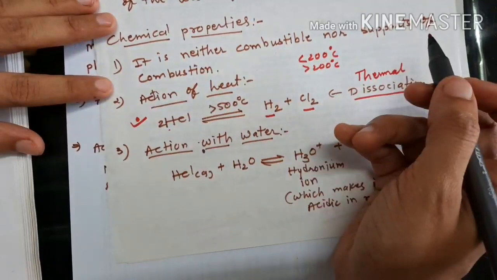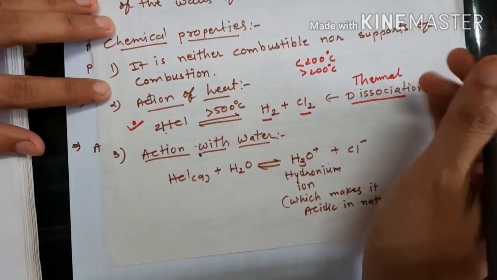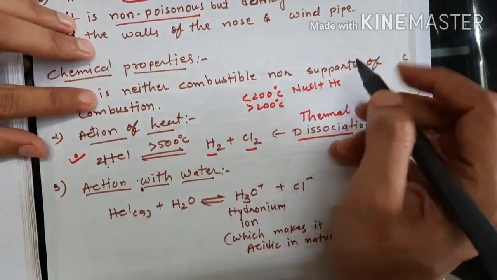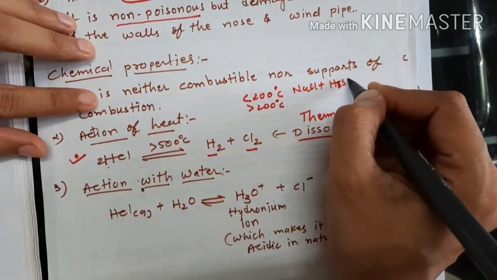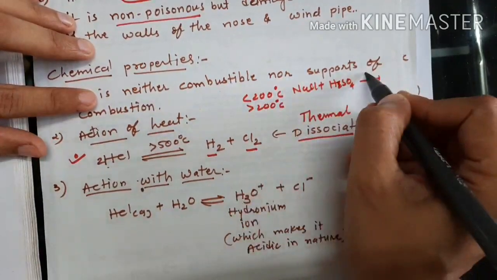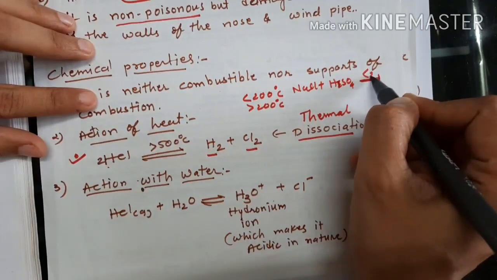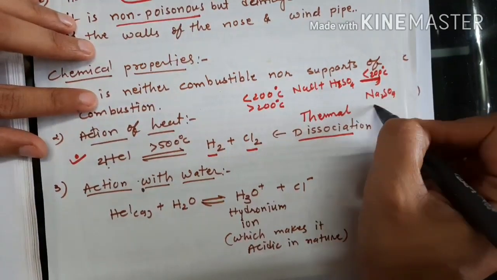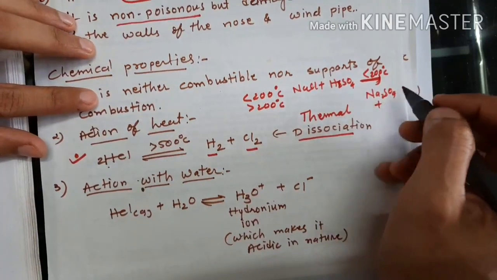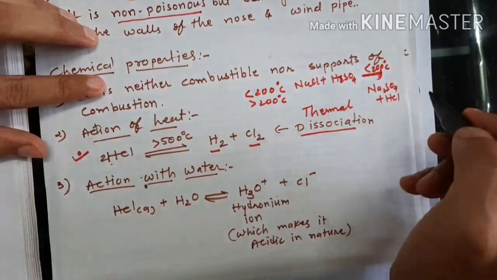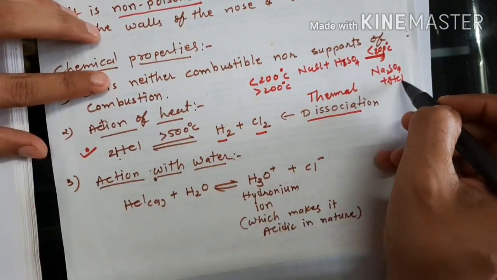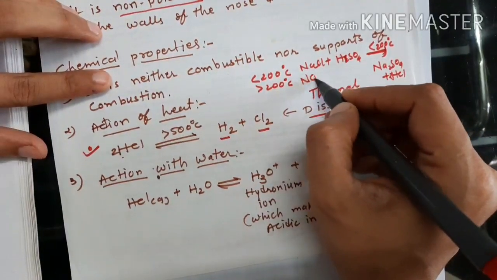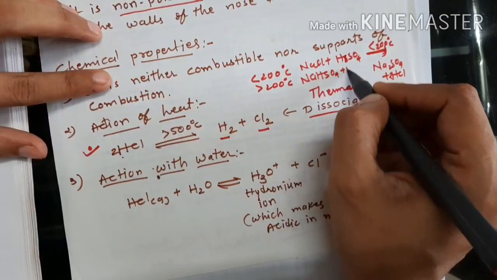NaCl plus H2SO4 when heated, on the arrow, if the condition given is more than 200 degree centigrade, then Na2SO4 plus HCl will be formed. And if less than that, the product formed is NaHSO4 plus HCl.